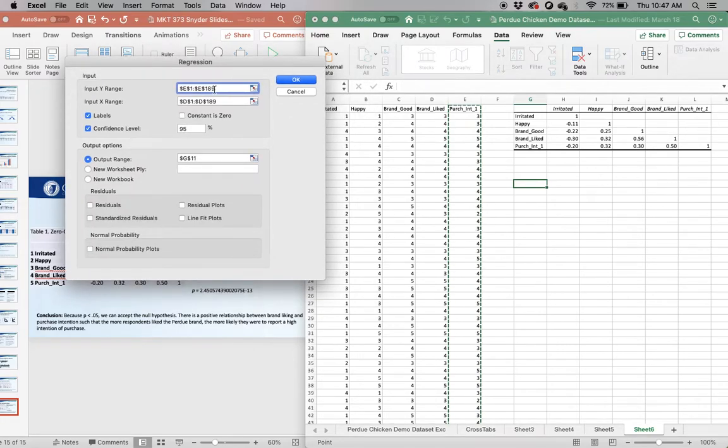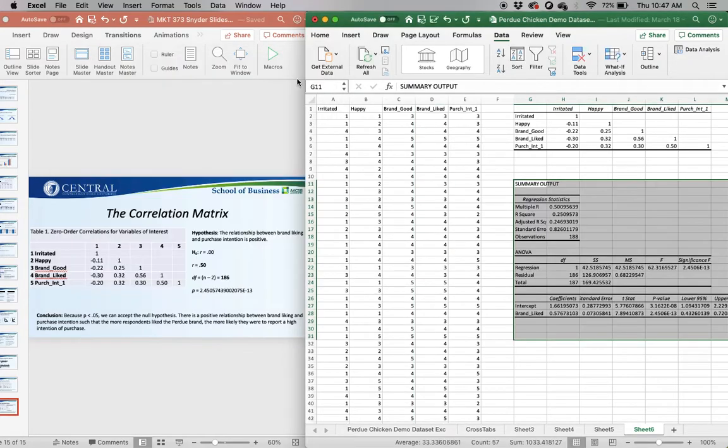So I have my data for my y variable, which is purchase intention, and my data for the other variable, which is brand liking. We have to have labels clicked because we do have the two labels for our variables here. Our confidence interval, because it's market research, is at 95%, and we just simply have to tell the analysis where to place the output, which in this case is going to be in cell G11. So from here, all we have to do is click OK.